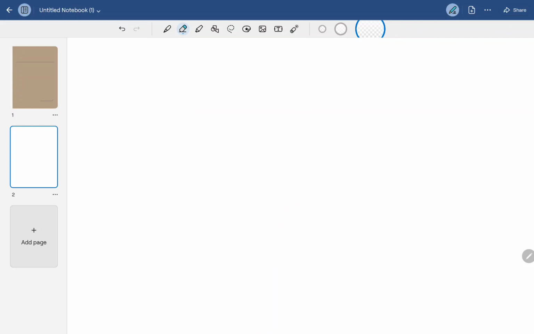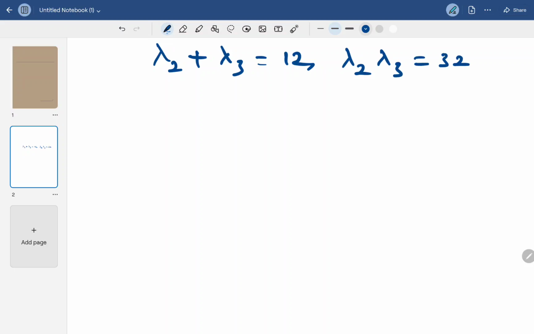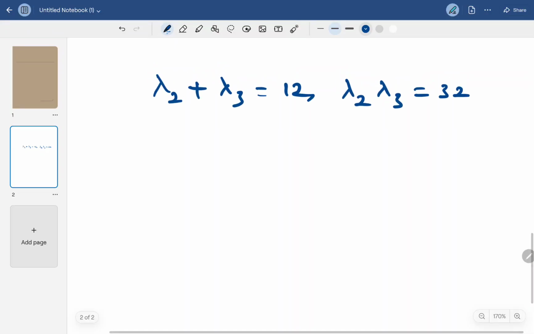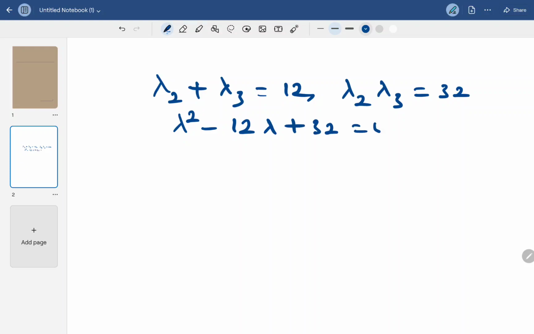I am going to form one equation with the help of the information that I got from this problem: lambda 2 plus lambda 3 equals 12 and lambda 2 lambda 3 equals 32. The equation is lambda square minus 12 lambda plus 32 equals 0.